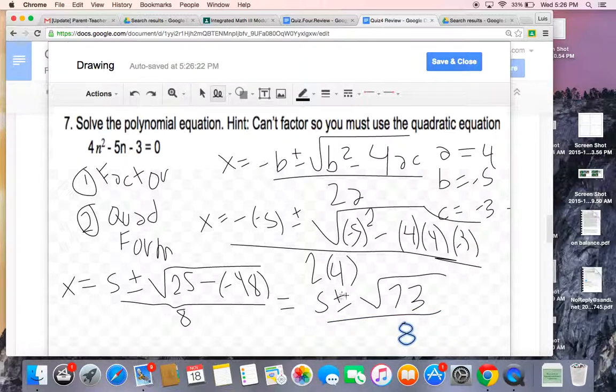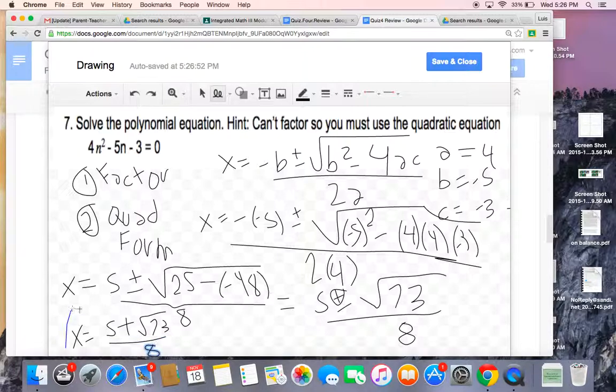Since I have a plus or minus, that means I'm going to have two solutions. The first one is x equals 5 plus the square root of 73, and that's over 8.